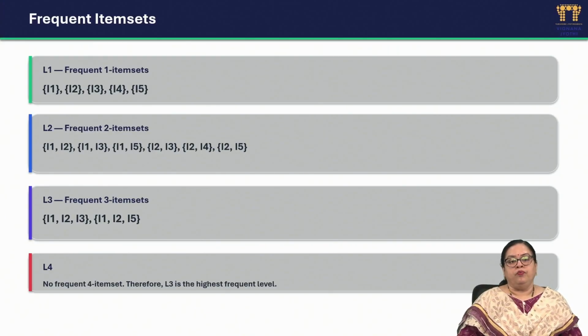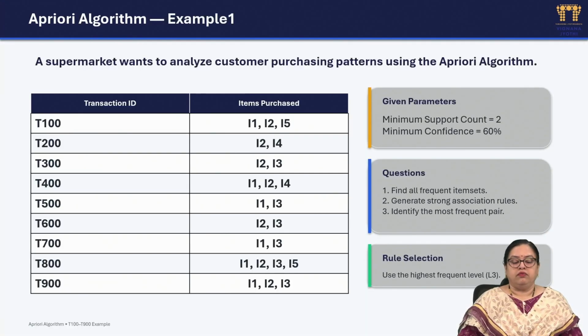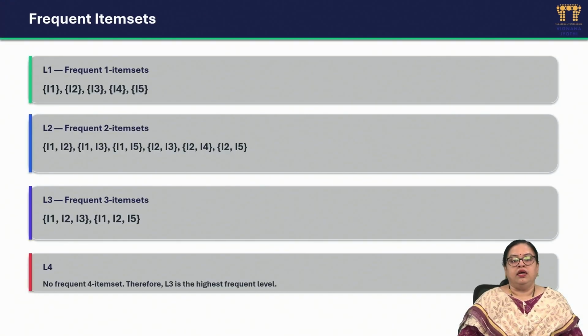In L2, the frequent 2 item sets are the combinations I1, I2; I1, I3; I1, I5; I2, I3; I2, I4; and I2, I5, all with support count of at least 2.